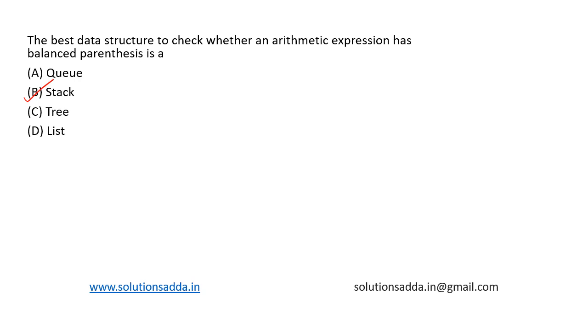Whenever we get an open parenthesis, we push it onto the stack, and when we get the corresponding closing parenthesis, we pop it. After performing all push and pop operations, if at the end the stack becomes empty, then the expression has balanced parentheses. Else, it is not balanced.